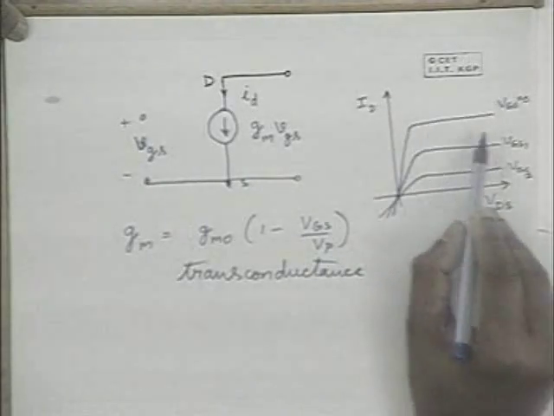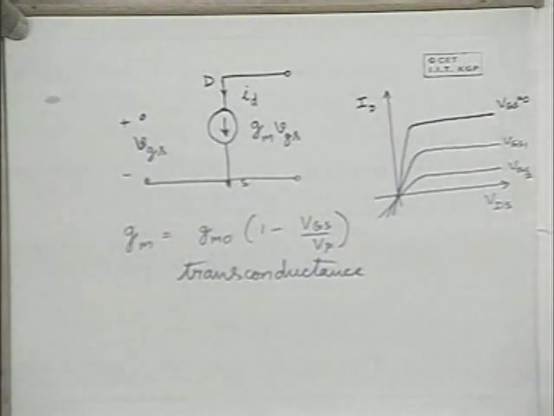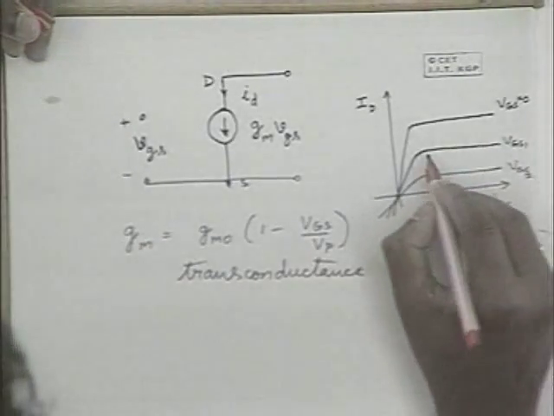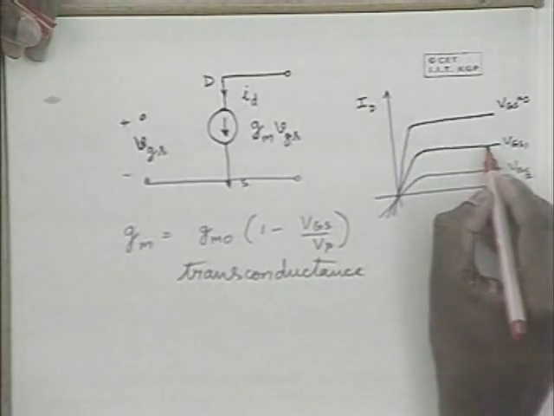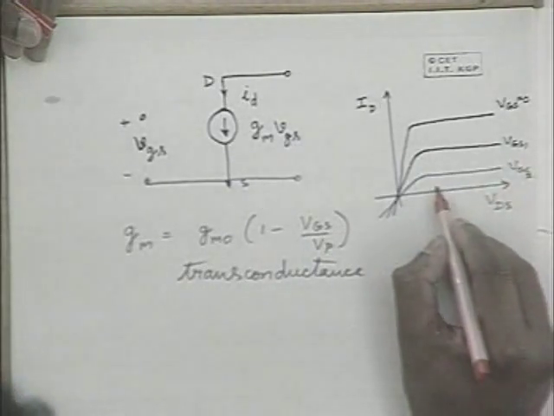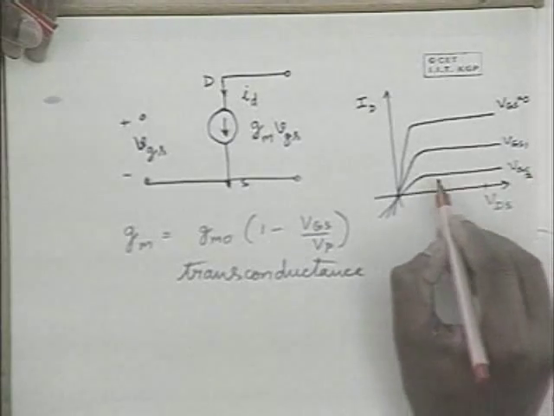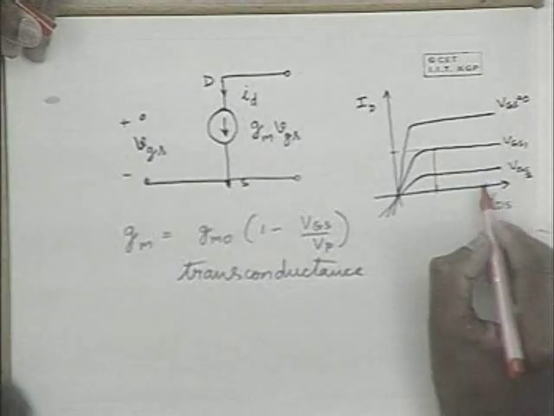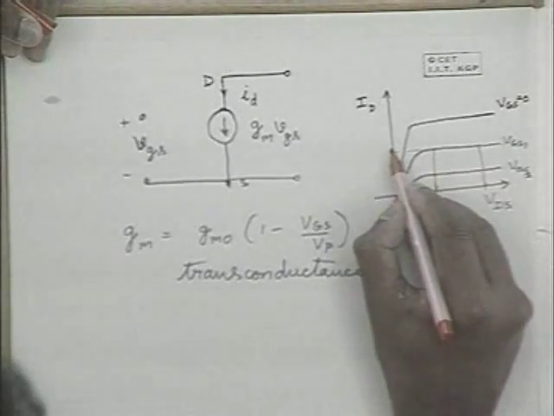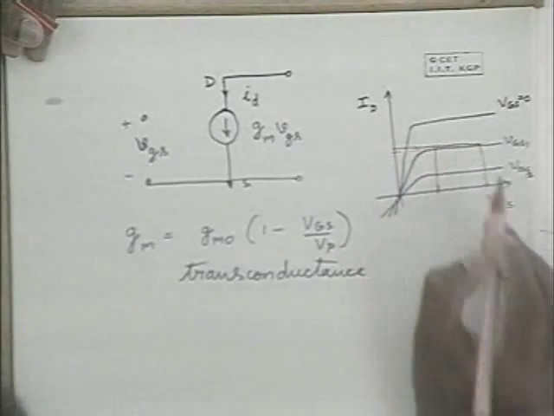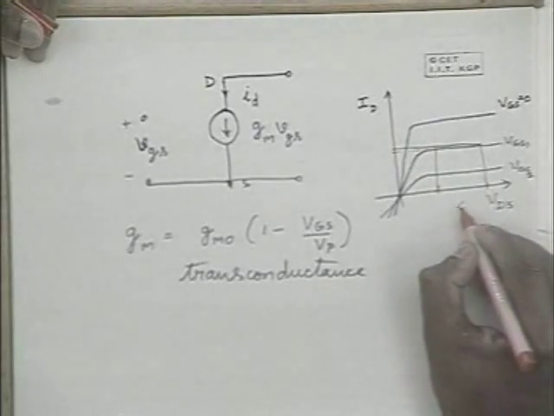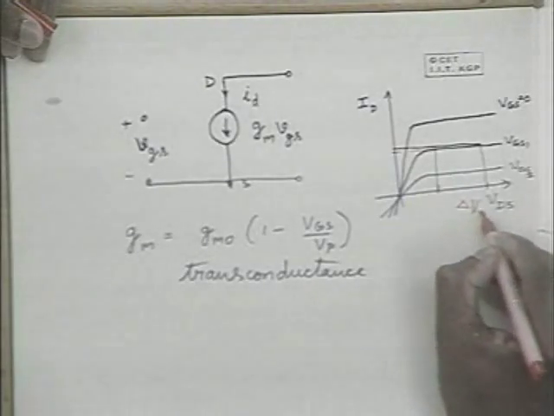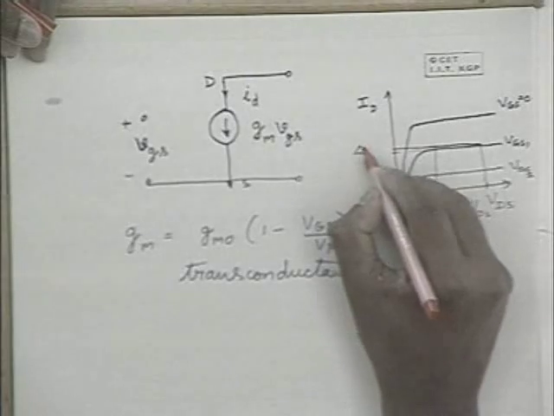Now, is the drain current constant with respect to VDS? If you look at it microscopically, you will find that these curves have some slope. If there is a change in the VDS, it will give some change in the drain current. So a delta VDS gives you a delta ID.